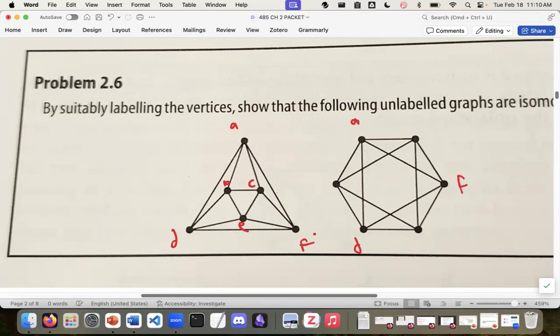That's the original big triangle. And then let's see, A is adjacent to B and C. C is adjacent to F. C is also adjacent to E. E is adjacent to B and C. That's that little triangle. And then E, D, and F. Think I got everything? Yeah. So if you've labeled it differently, that's fine.